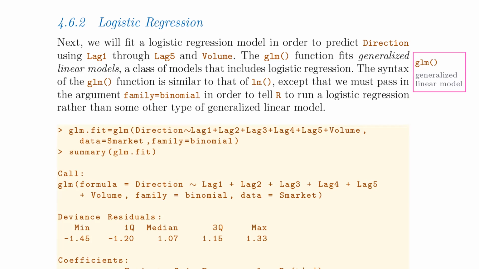It's the first time we're doing GLM. The syntax of the GLM function is similar to that of the LM, except that we must pass in the argument family equals binomial in order to tell R to run a logistic regression rather than some other type of generalized linear models. Okay.